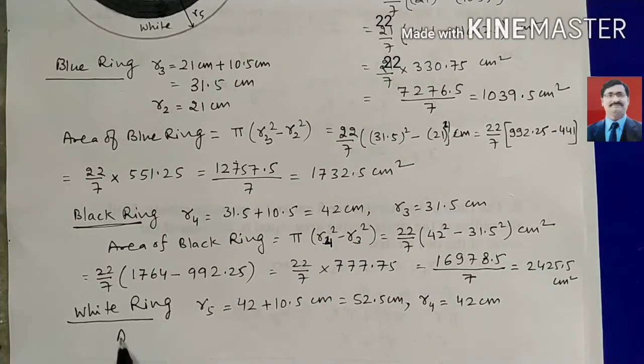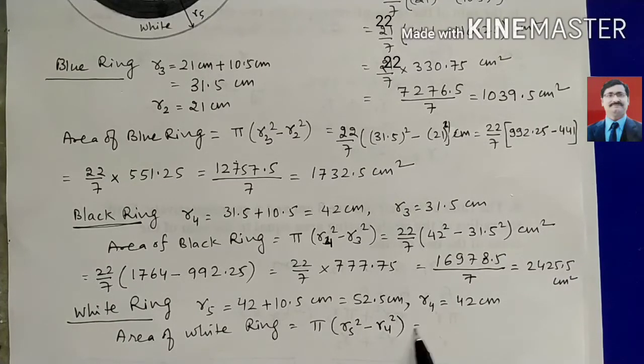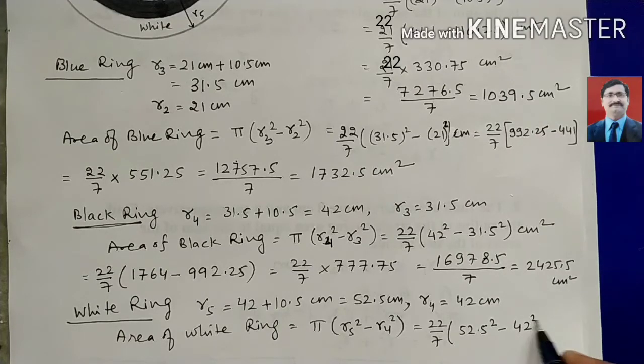Now you can write the area of the white ring. White ring is equal to pi R5 square minus R4 square. Pi is 22 by 7, R5 is 52.5 square minus R4 which is 42 square, in centimeter square.